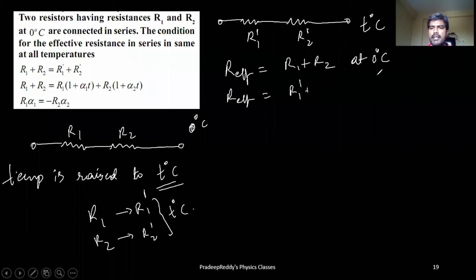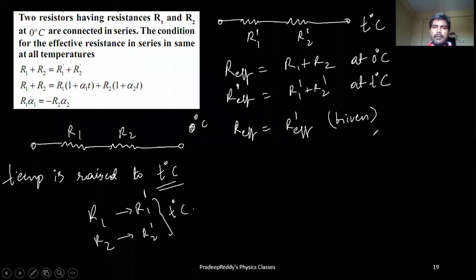This is at T degrees Celsius. What is mentioned in the problem? Effective resistance in series at any temperature is equal. That means R effective is equal to R effective dash, that is given in the problem. Now substitute those here. R1 plus R2 is equal to R1 dash plus R2 dash.